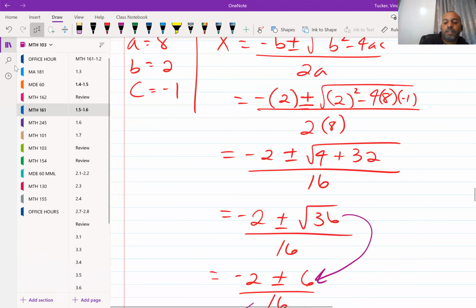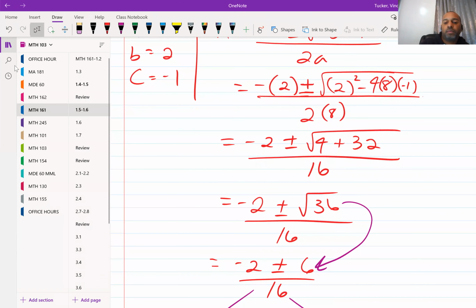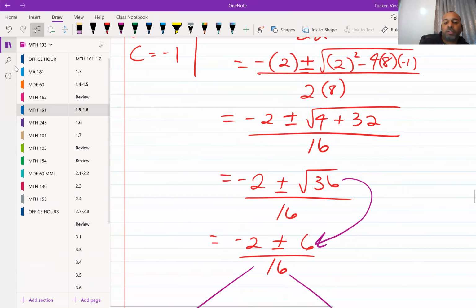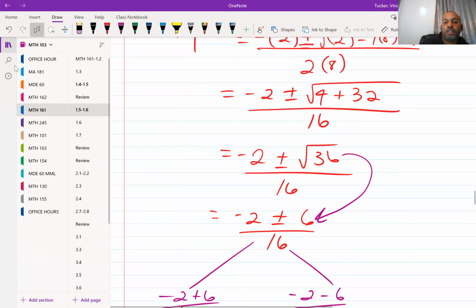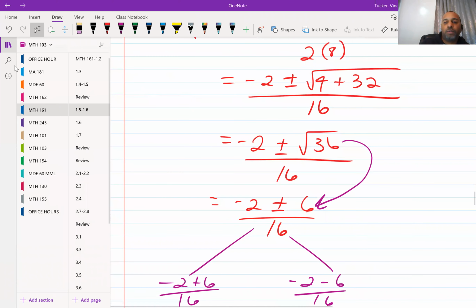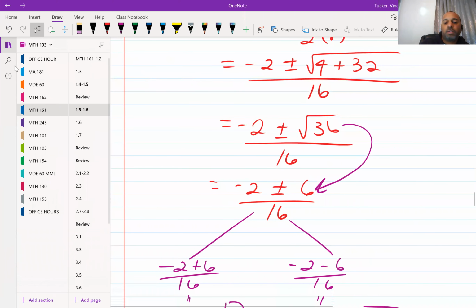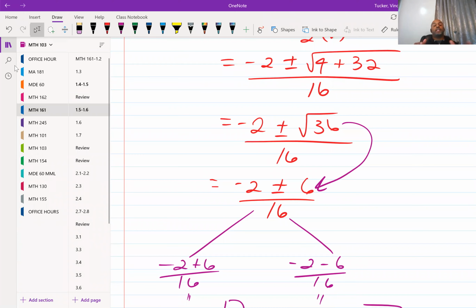Square root of 36 is 6. So now we have -2 plus or minus 6 over 16. Of course, let me know if I scroll up too far. So since I can add and subtract 2 and 6 from each other, you are expected to do so.